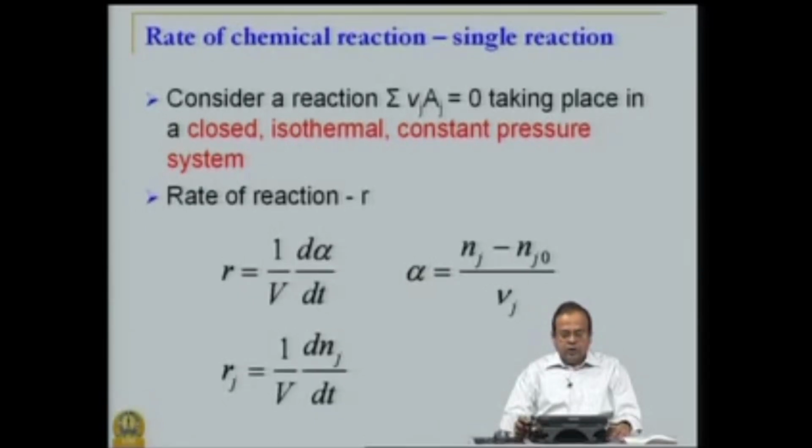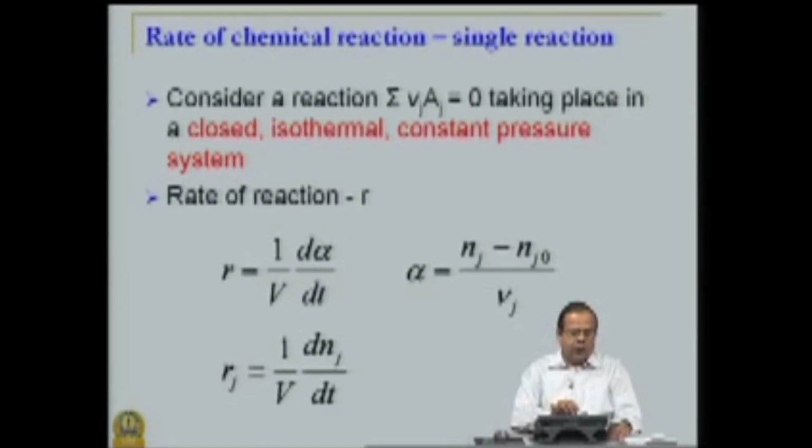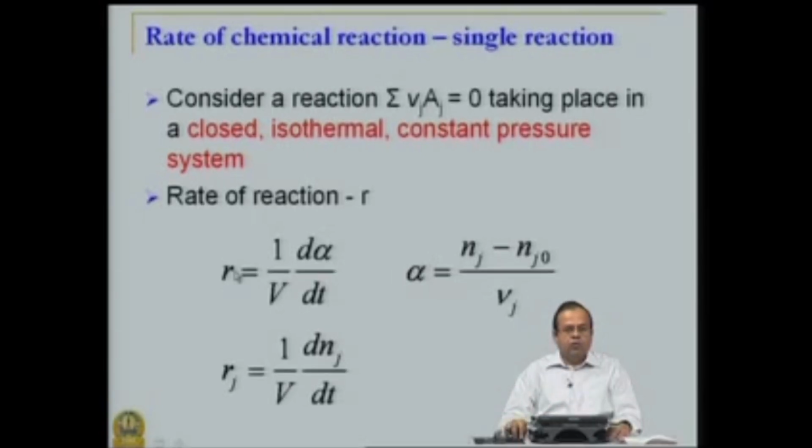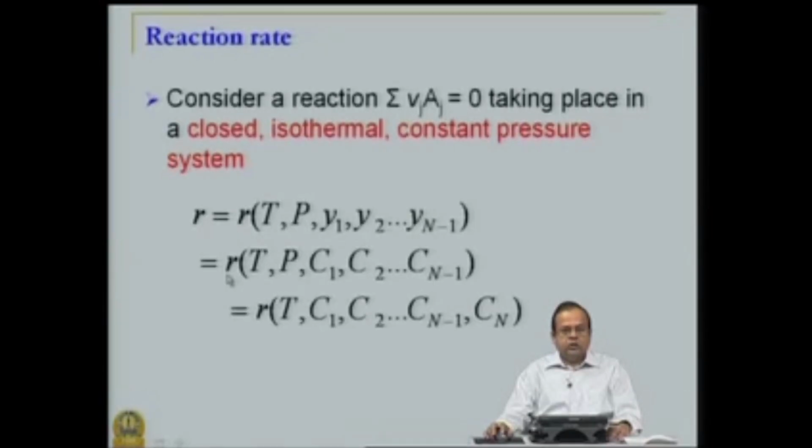So, now let us continue our discussion further and try to see what kind of mathematical expressions we can expect for rate of reaction. So, let us consider the same reaction, and now our objective is to find out how rate depends upon the operating conditions.